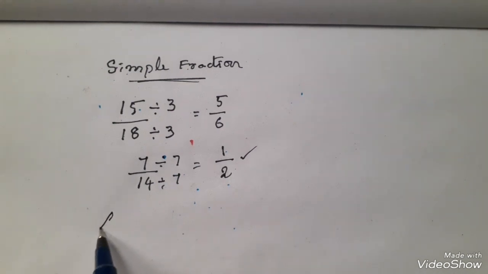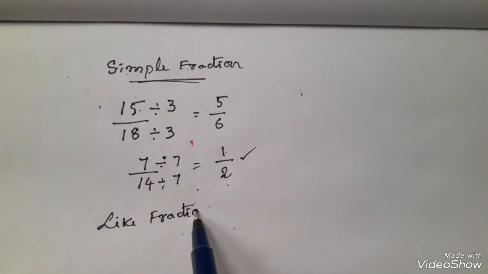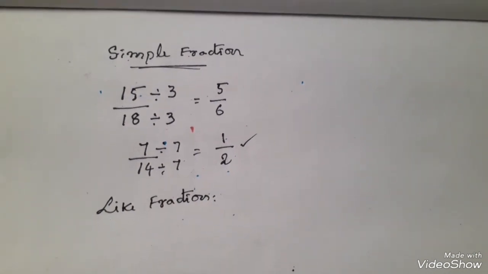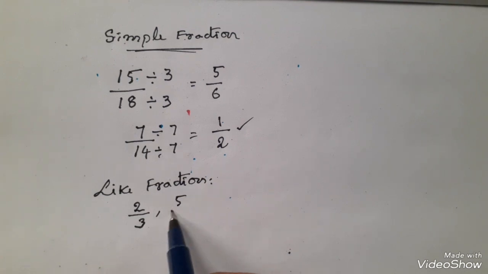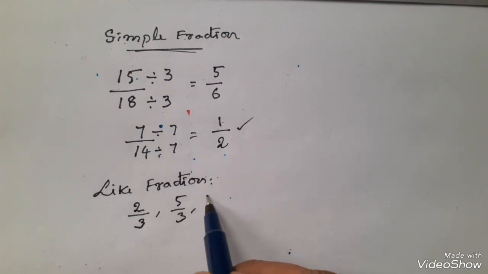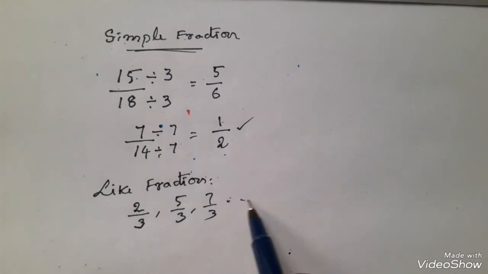Next, what are like fractions? Like fractions means 2 by 3, 5 by 3, 7 by 3. See, in all fractions, the denominator is the same. Such fractions are called like fractions.